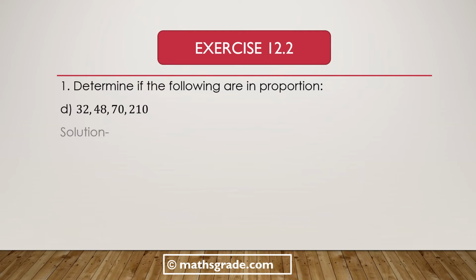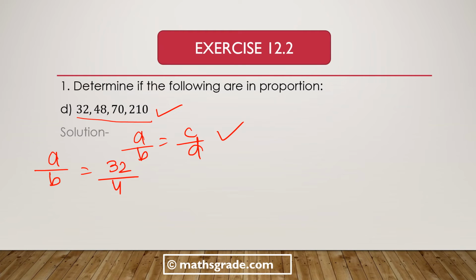Now question number D. 32, 48, 70 and 210. These numbers are in proportion or not, we have to check. A, B, C, D are in proportion if A divided by B equal to C divided by D. A divided by B is 32 divided by 48. 16 2s are 32, 16 3s are 48. So 2 divided by 3.